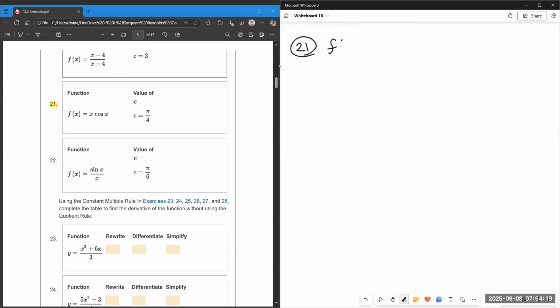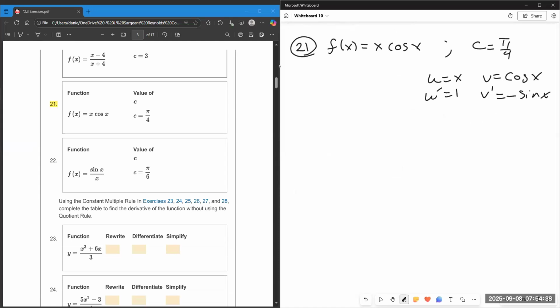If f of x is equal to x cosine of x, and c is given to me as pi over 4, my u is equal to x, and my v is equal to cosine of x, and u prime is 1, and v prime is a negative sine x.